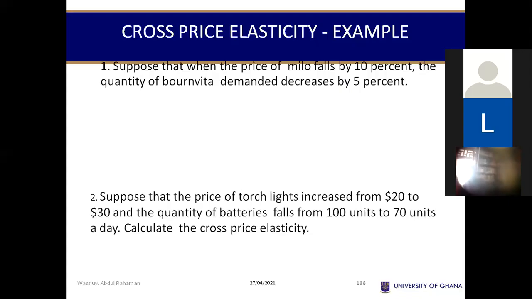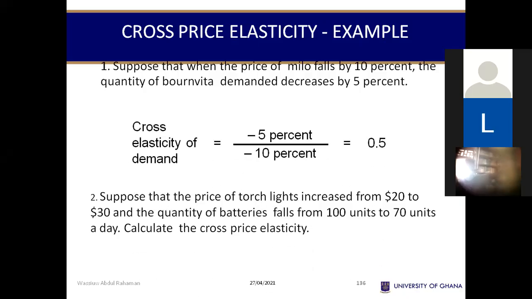We can clearly see that these two commodities are substitutes. The percentage change in quantity demanded for Bonvita will be minus 5, because it's a decrease, over minus 10, which is also a fall. So the answer will give you 0.5. It's positive, indicating that Milo and Bonvita are substitutes. So you can try your hands on the second one.